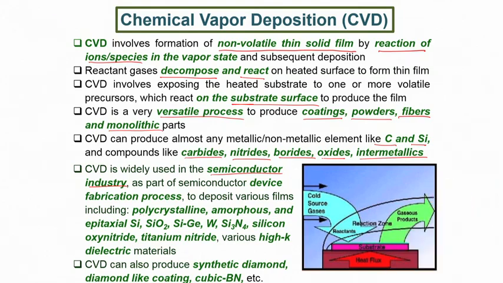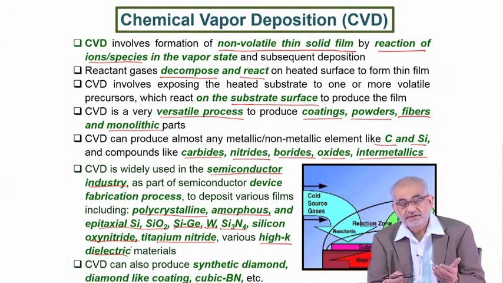We can deposit in the polycrystalline form, in amorphous form, as epitaxial layer, for example, epitaxial silicon or silicon dioxide layer on semiconductor wafers, silicon germanium wafers, pure metal like tungsten from, say, tungsten WO3, one can actually produce a pure tungsten layer onto the surface, silicon nitride, silicon oxynitride, so a complex compound, similarly titanium nitride, TiN, and even various high dielectric materials.